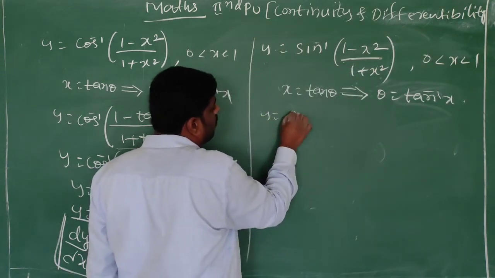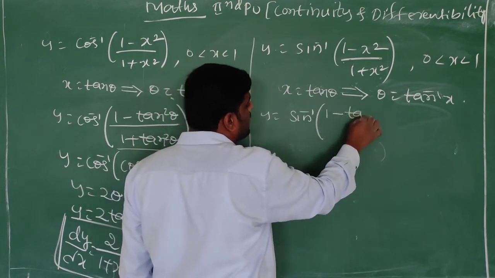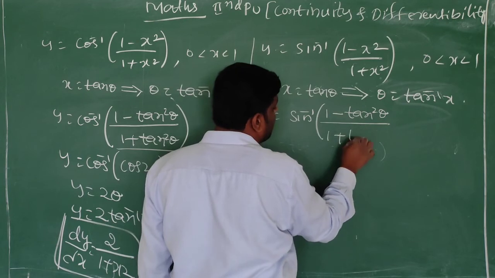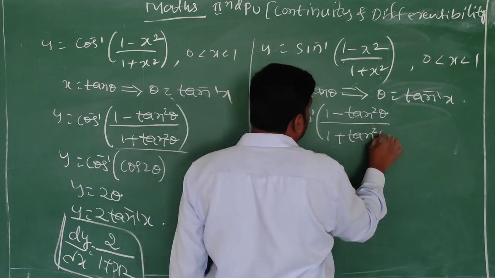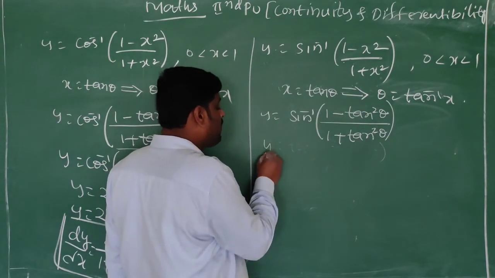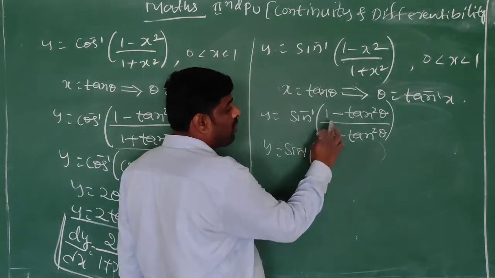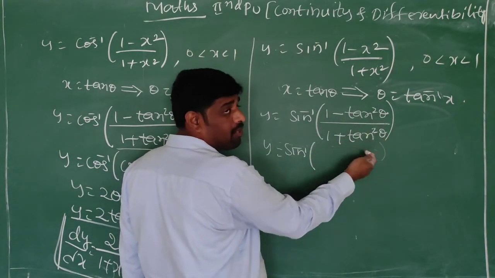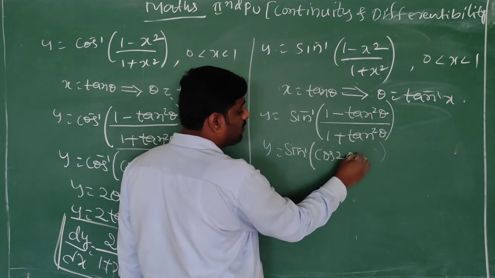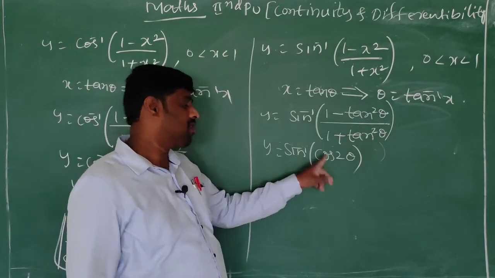Y is equal to sin inverse of 1 minus tan square theta divided by 1 plus tan square theta, which is cos 2 theta. So it is not possible to cancel sin inverse and cos.